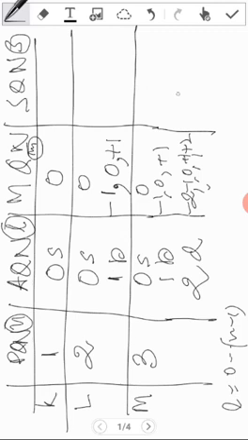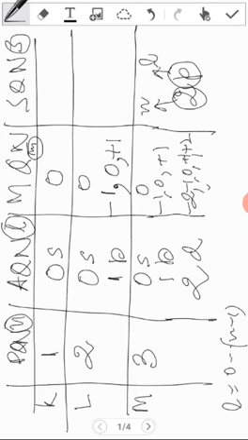Suppose I write 2p: the first number tells the value of n and the letter tells the value of L. If it is p, then the value is 1.